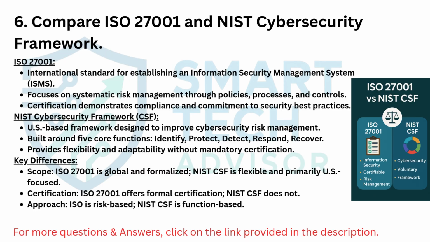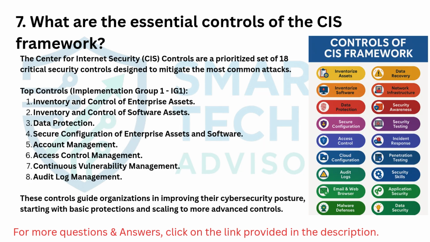In terms of certification, ISO 27001 offers formal certification, but NIST CSF does not offer any certification. Approach: ISO is risk based. NIST CSF is function based. Seventh question. What are the essential controls of the CIS framework?